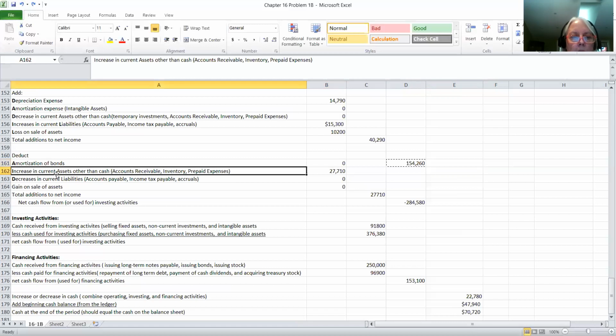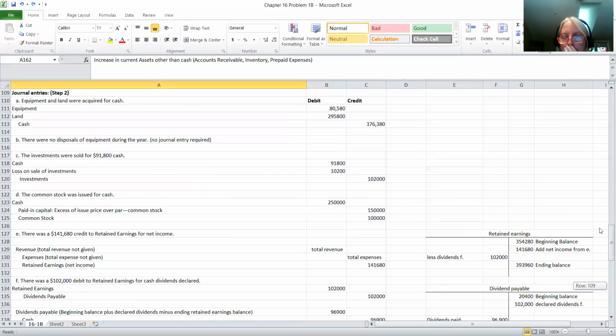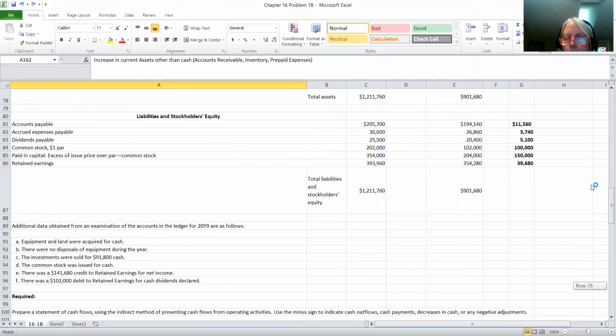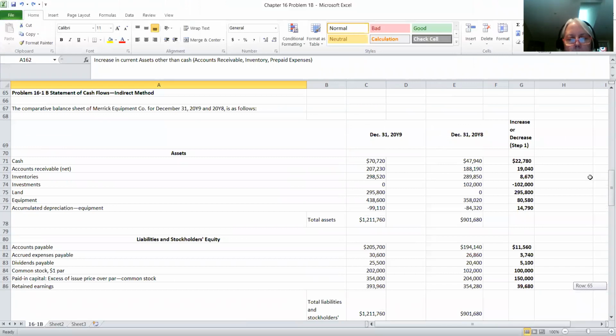Look at your increase in current assets other than cash: accounts receivable, inventory, and prepaid expenses. Your accounts receivable increased by $19,040. Your inventories also increased by $8,670.